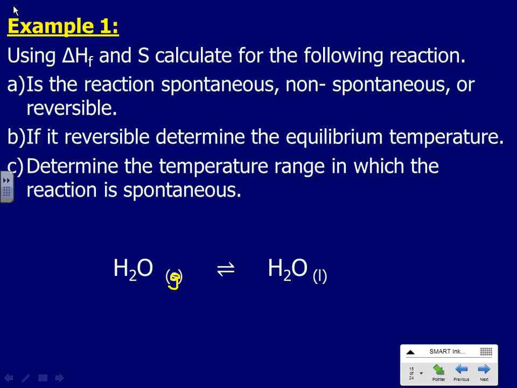If T is small, then this becomes really tiny. And so we don't look at the delta S anymore, but we look at the delta H for spontaneity. Therefore, at small T, look at delta H for spontaneity.